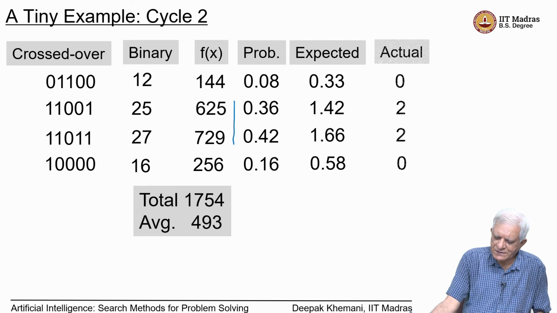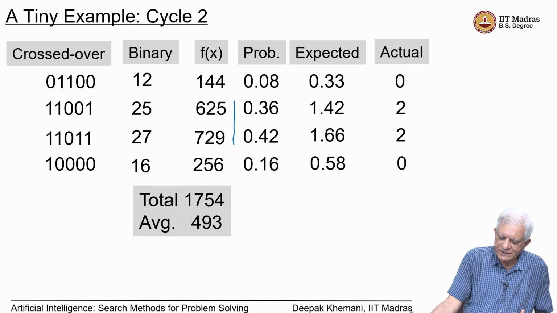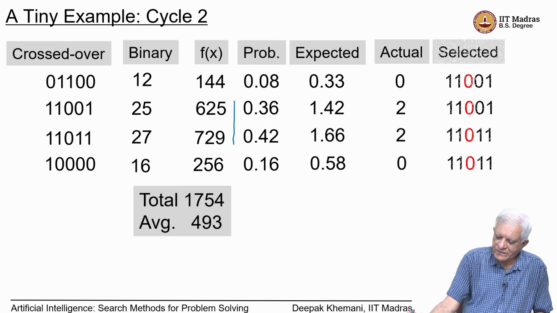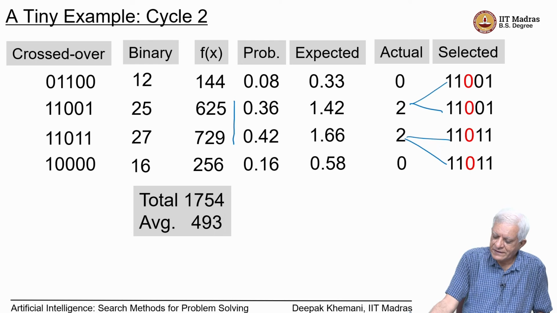So, supposing we do the roulette wheel and we actually get 2 copies for the second candidate and 2 copies for the third candidate, and so our new population looks like this. So, these are 2 copies of the second candidate and 2 copies of the third candidate, and this is what the population now looks like.